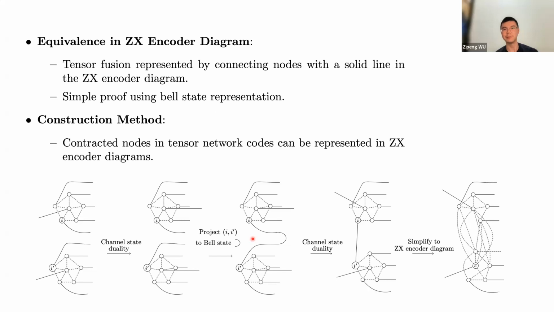So when we perform this kind of fusing, as we have seen earlier, almost all the encoder diagram is a stabilizer code encoder diagram, as long as the adjacency matrix is full rank. Yeah, so it's from the graph code.